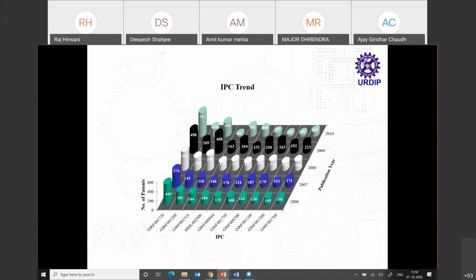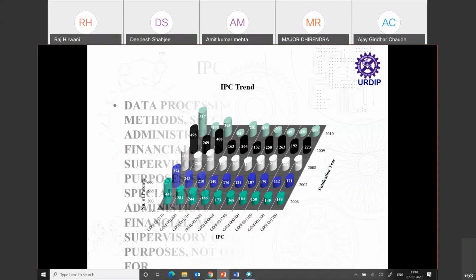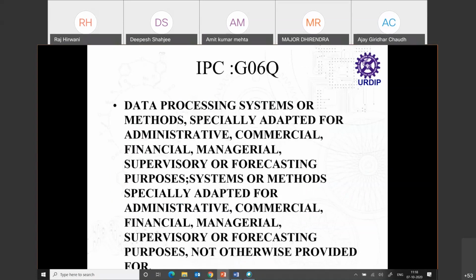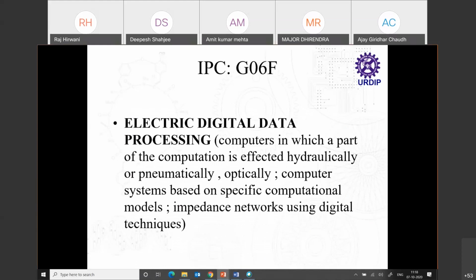How does the IBM patent portfolio look like? What are the red and green? This is red: data processing system or method adopted for administrative, commercial, financial, managerial purposes. This is green: processing computers in which a part of the computation is effected hydraulically, or numerically, optically, computer system.